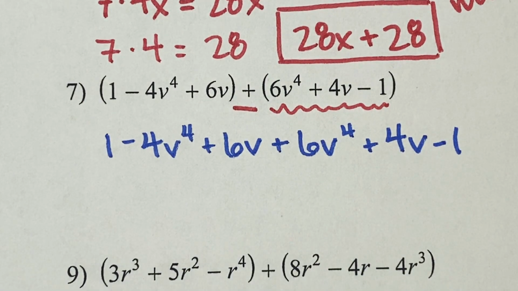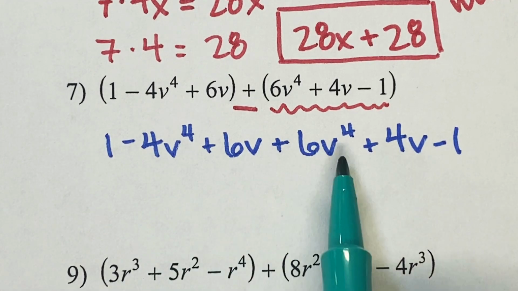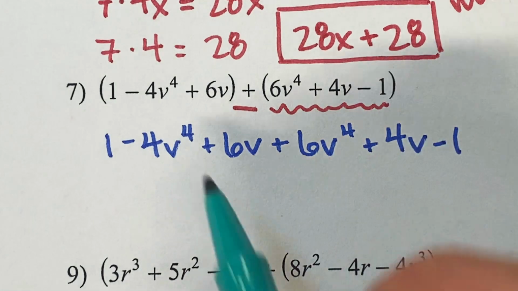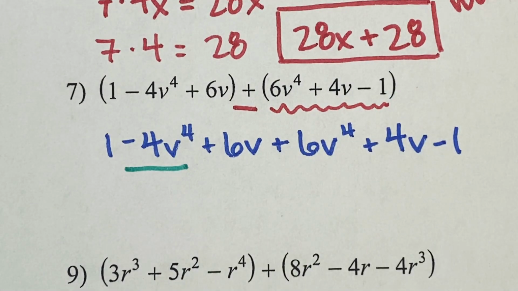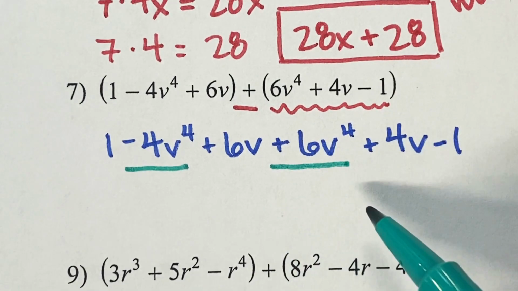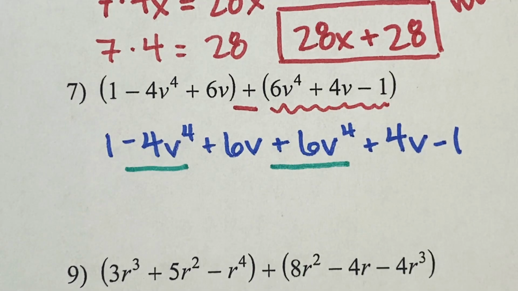Okay, so now where are my like terms? Again, remember, same variable, same power. Notice there are some variables with v's, but they might not be to the same power. For example, I see a negative 4v to the fourth right there. The only other term that I can combine that with is this 6v to the fourth. Same variable, same power.